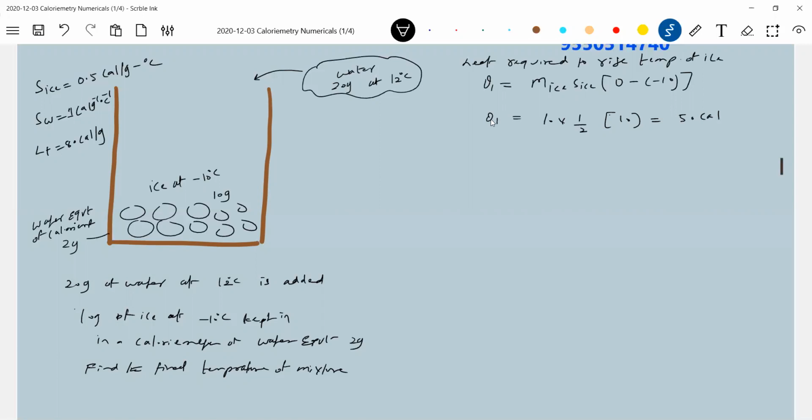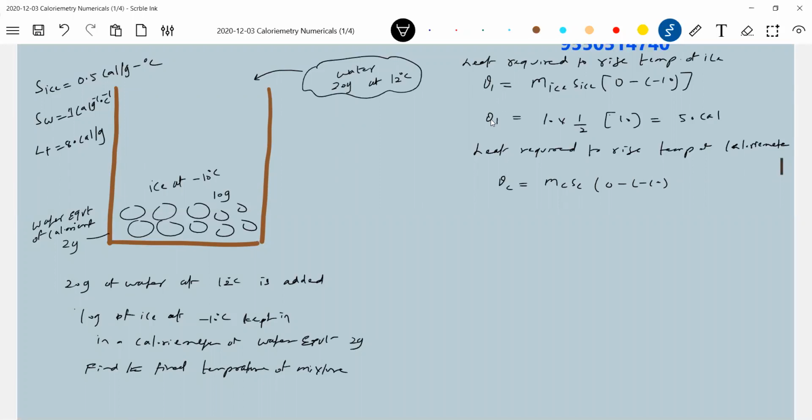Okay, after this, even the calorimeter also, its temperature from minus 10 should become 0, no? Heat required to raise temperature of calorimeter, let me call that Q2 or QC. I'll write it, it'll be easy for you. But we don't know mass of calorimeter, specific heat of calorimeter.